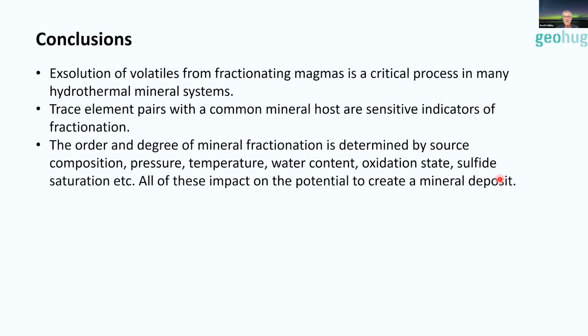Look at the relative enrichment of all those high field strength elements. Are the high field strength elements being enriched or depleted with increasing silica? That tells you about whether or not titanite was present, and that tells you about the pressure environment that these things were generated from. All of those will tell you about what kind of magmas you have and whether or not they're likely to generate a hydrothermal system.